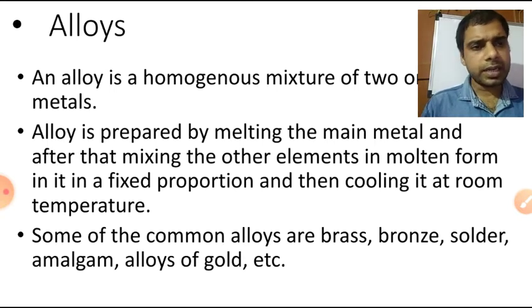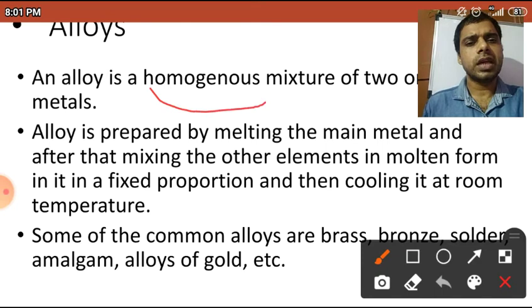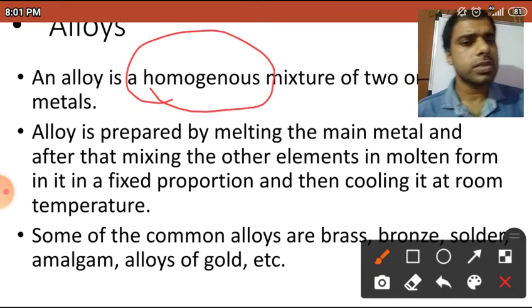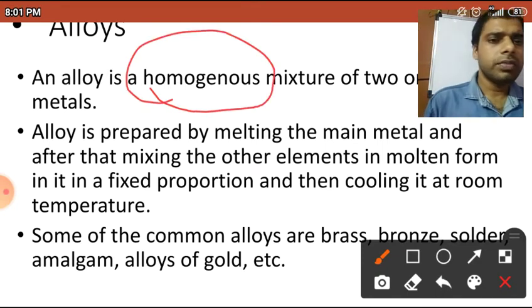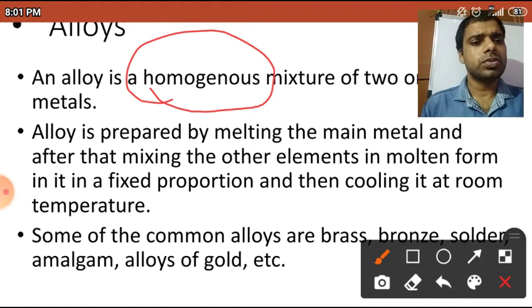That percentage should be fixed, and if you take more than that, then the alloy can be called a heterogeneous mixture, not a homogeneous mixture. So a fixed proportion is needed, and then the molten metal will cool and solidify, and after solidifying it will give you the alloy.